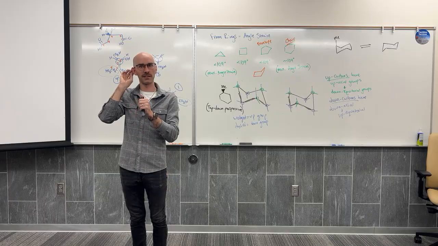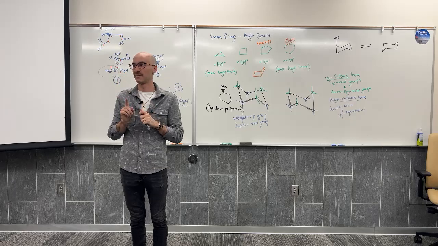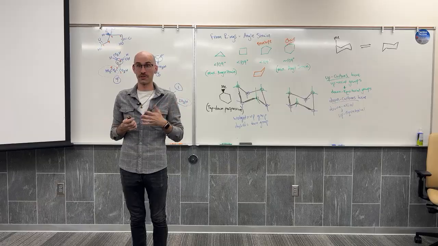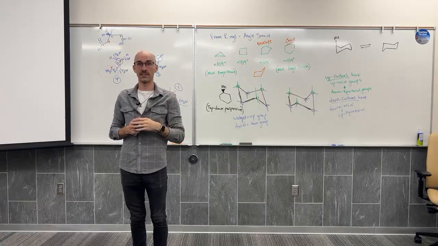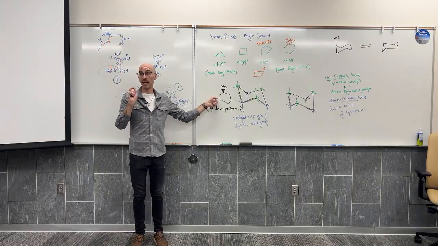And can you repeat what you said, Michael? Does that sound like not up? I'm glad you said that, because that is a very natural instinct. I placed it equatorial or axial, I'll place it axial again. But this is an up group. So whatever position it goes into the ring, it goes up.